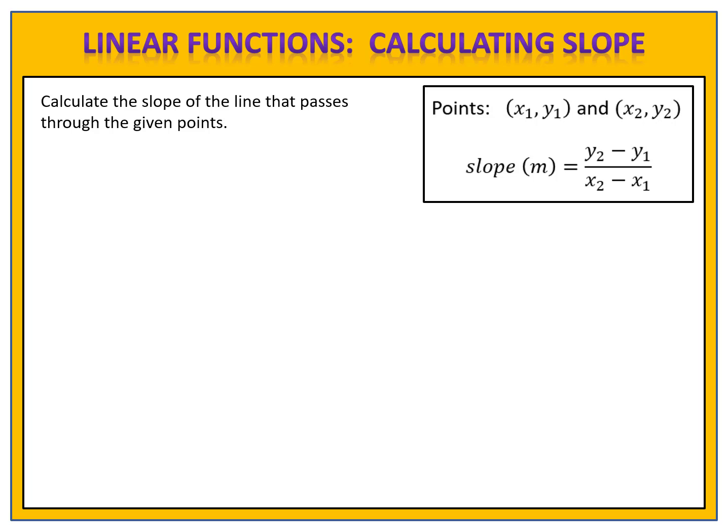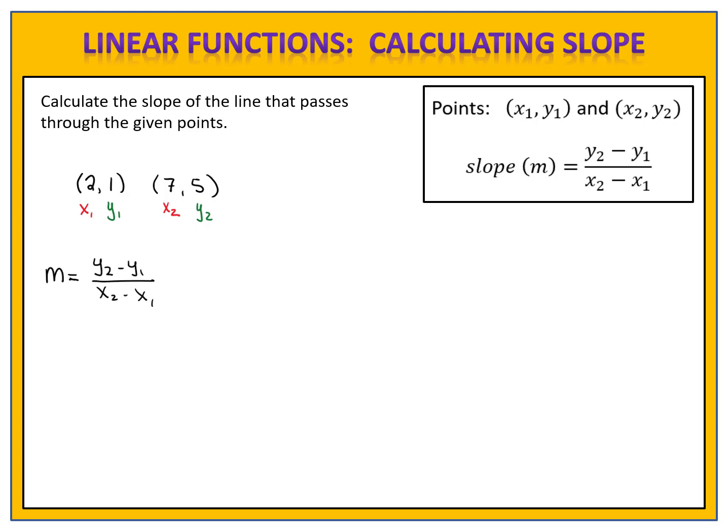Now let's take a look at another example. We want to calculate the slope of the line that passes through the given points. The points are 2, 1 and 7, 5. The first thing we do is label the points x1, y1 and x2, y2. Notice the x1 and the y1 are together, first x, first y, and the x2 and the y2 are together, second x and second y.